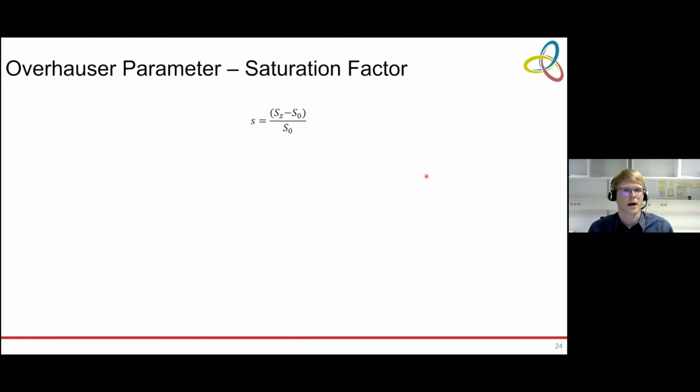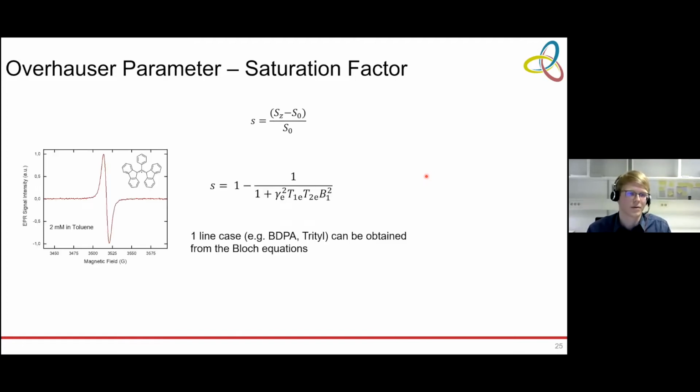And now we can look at the next parameter, which would be the saturation factor. And it basically defines how well the EPR transition is saturated. And for a one-line radical, which we can define as BDPA in liquids at a high enough concentration, the saturation factor is rather easy to obtain because we can derive it directly from the Bloch equations.